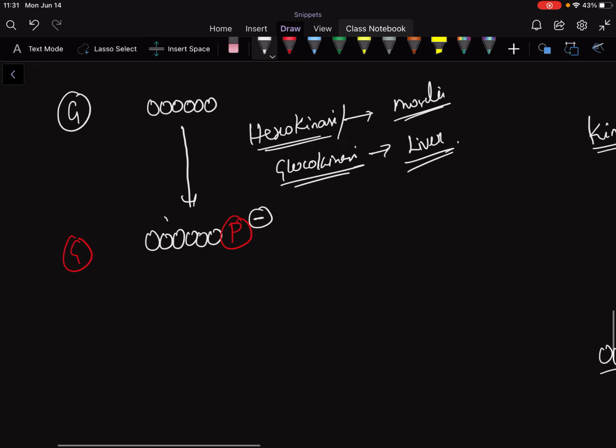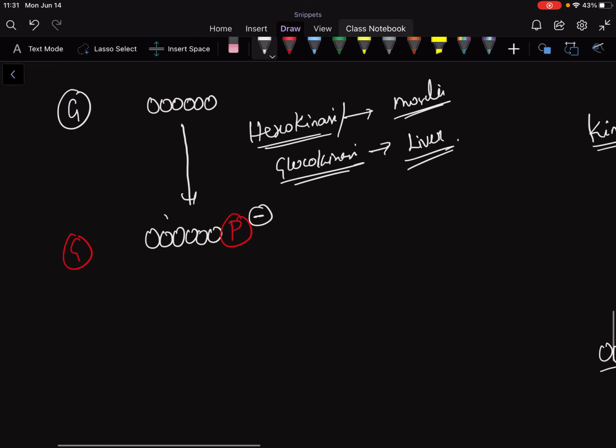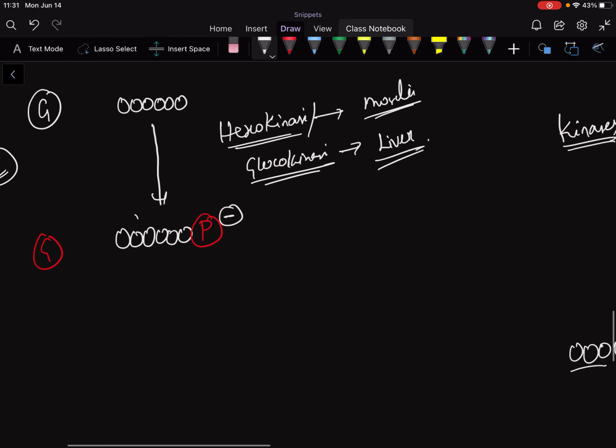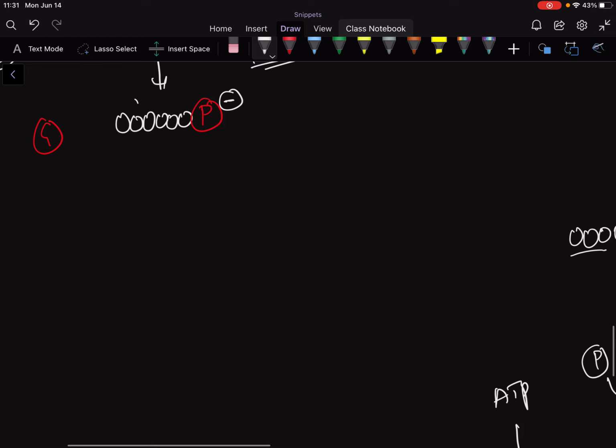The first reaction here is glucose getting converted into glucose 6 phosphate, and this first step is very important because it is very highly regulated.